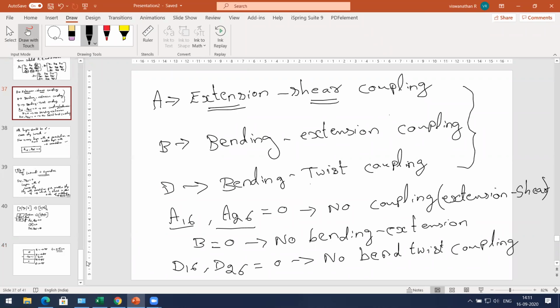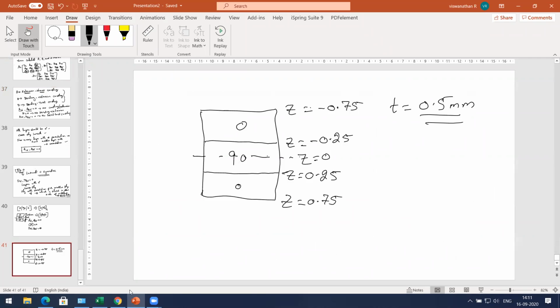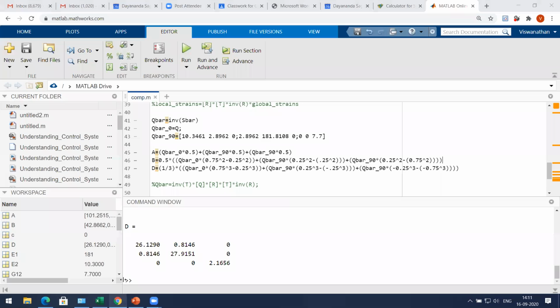I want you to try calculating the ABD matrix for one of the laminates. We'll give one or two assignments so that you can calculate and submit it. You'll be assessed based on the assignments only. But there can be a theory question in the exam, like explaining the ABD matrix and the coupling effects.